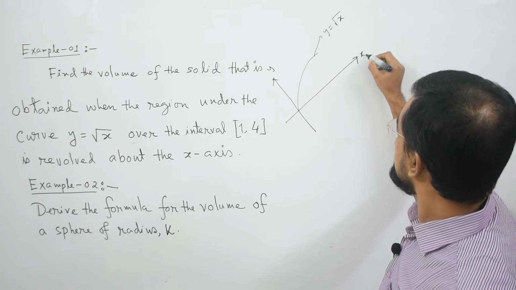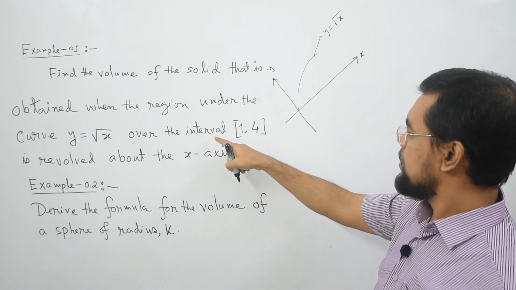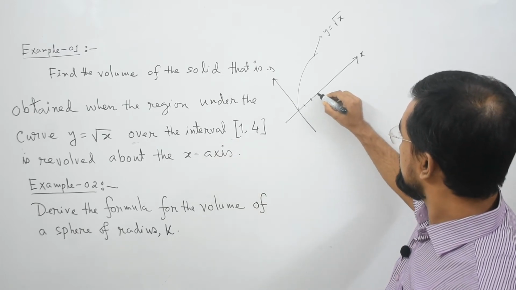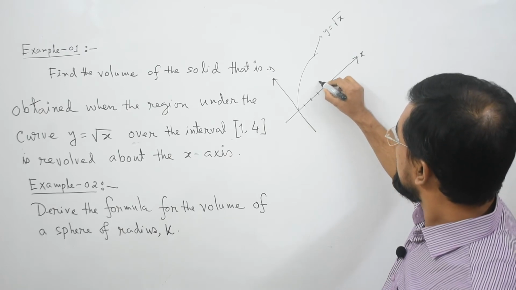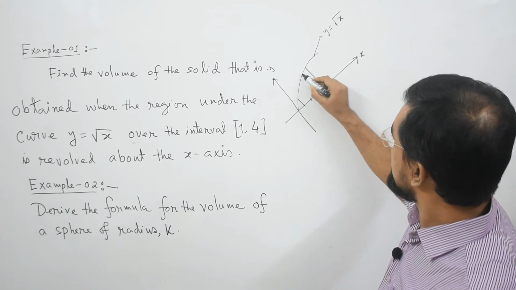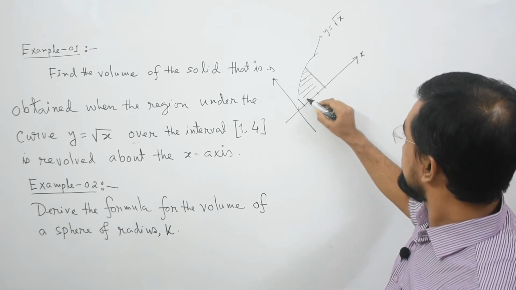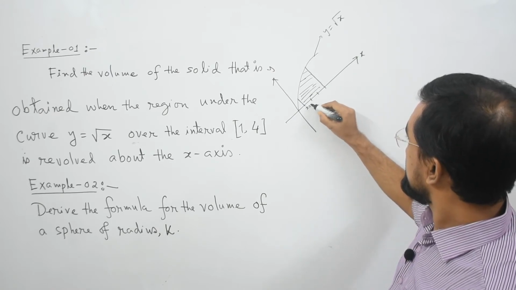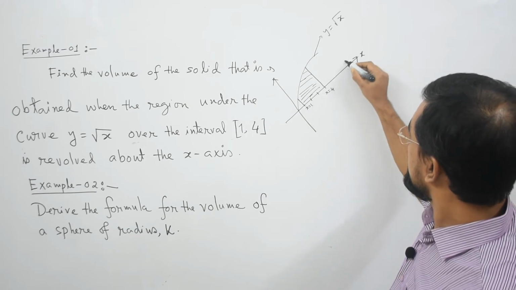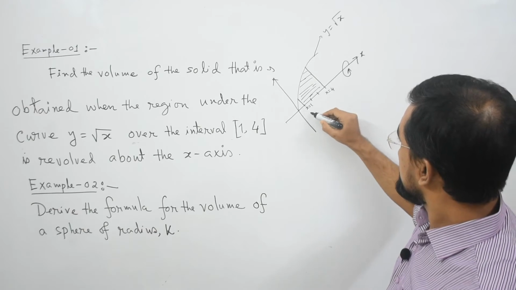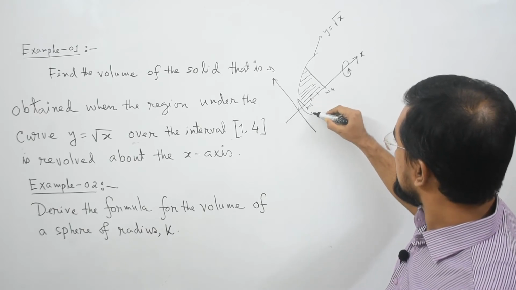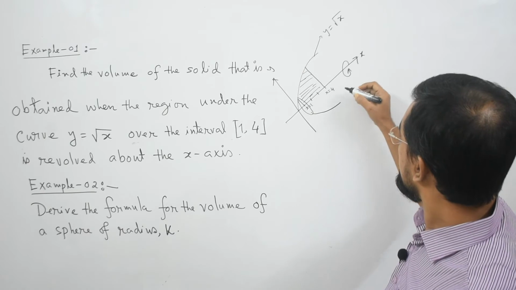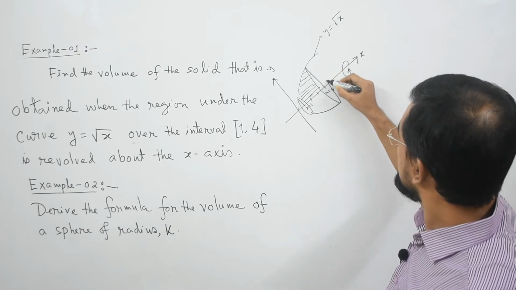If you revolve this curve over the interval 1 to 4, let's say 1 is here, 2, 3, 4, from x equal to 1 to x equal to 4 about x-axis, then you will get a 3D solid material like this. It will look like this.